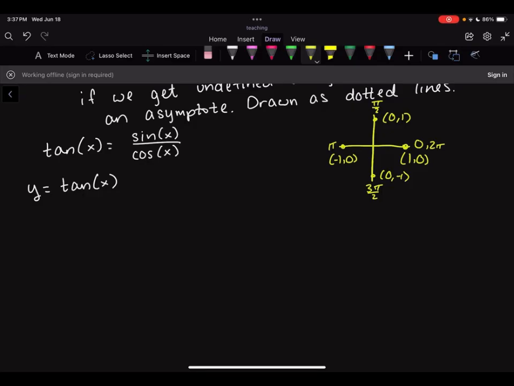Now tangent also goes through the main points, I call it the big five: 0, pi over 2, pi, 3 pi over 2, and 2 pi.